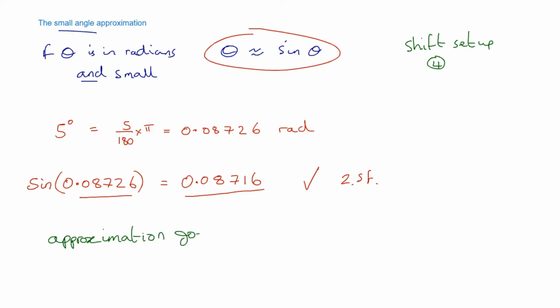Once you get more than about 15 degrees, the difference is more than 1%. You get an error of 1%, or it starts to increase from 1%. So if you want 1% error or less, the angle needs to be less than 15 degrees. So small angles is what we're talking about there. Great, okay, so that's the second thing we have to know before we can actually do this derivation.